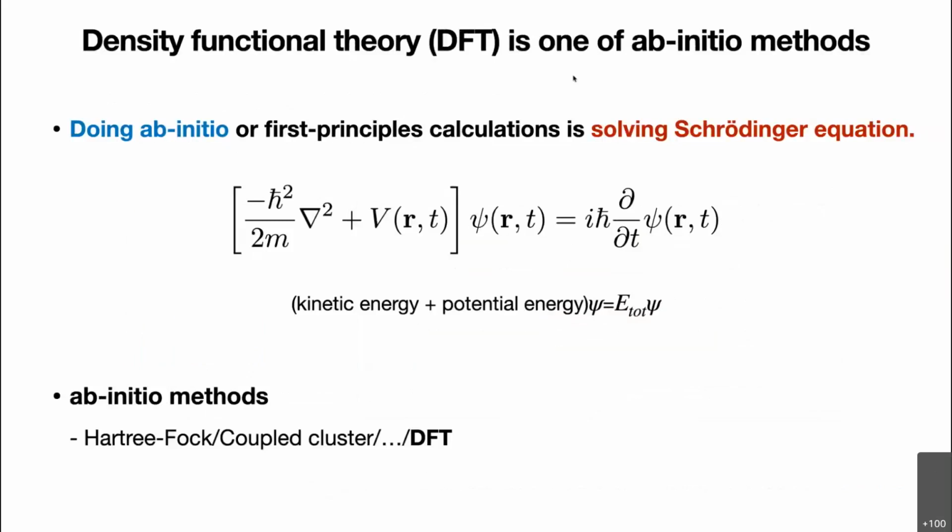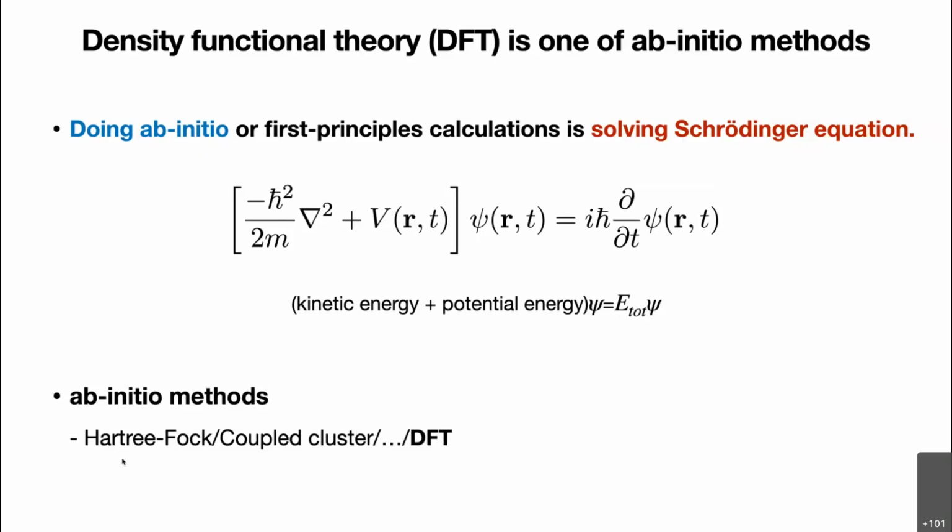the Schrödinger equation. This is well known, you guys already know this one. What is this? This is the Schrödinger equation. The Hamiltonian is composed of kinetic energy here and potential energy here. And this is the state of electrons and the total energy. DFT is one of the methods to solve this Schrödinger equation.